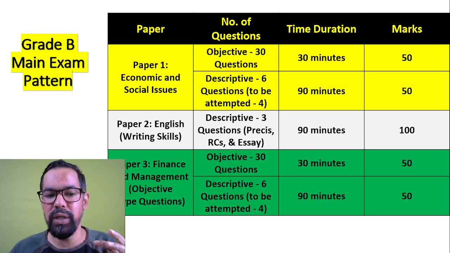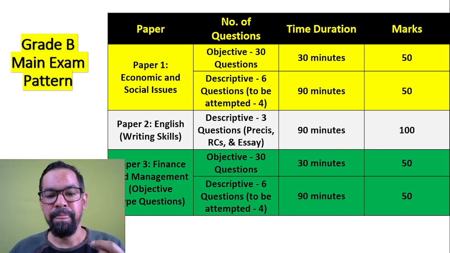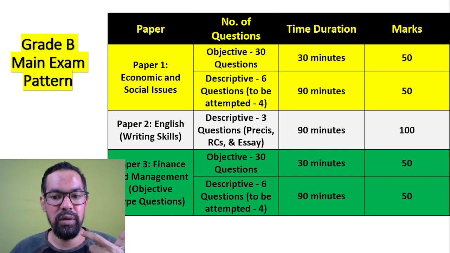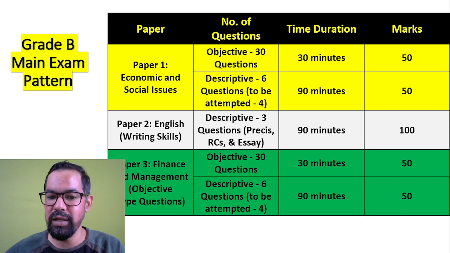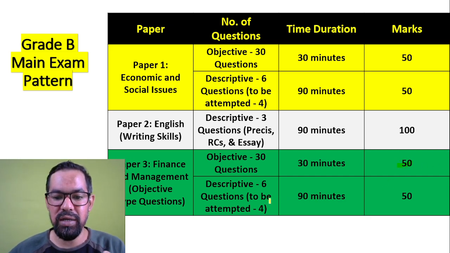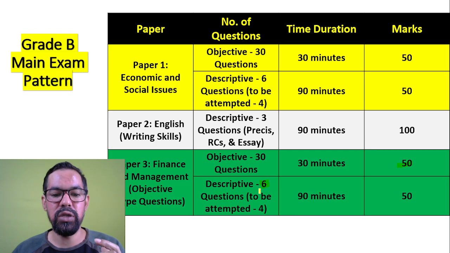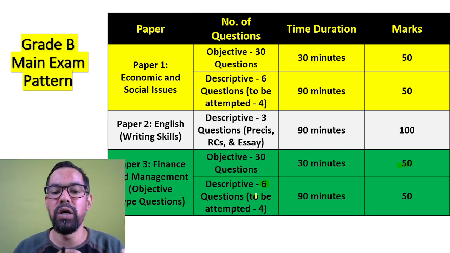So if you talk about finance and management, you'll get 30 objective type questions which carry 50 marks, and you'll face 50 marks of descriptive questions. You'll get 6 questions, out of which you have to write about 4.